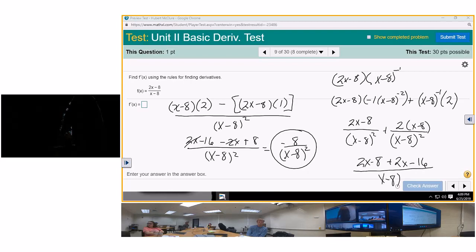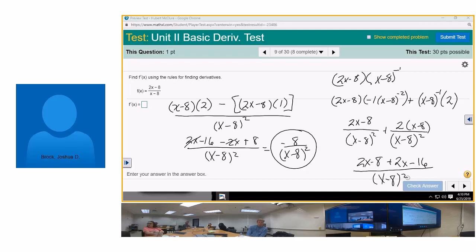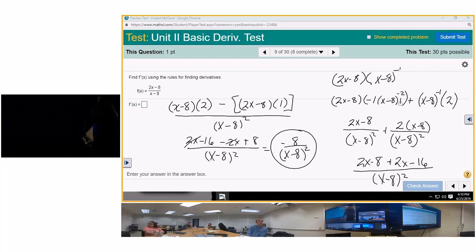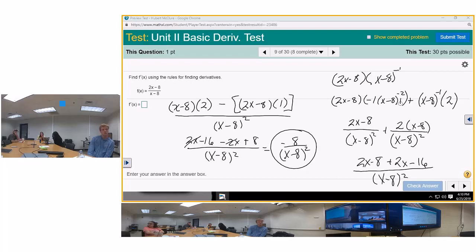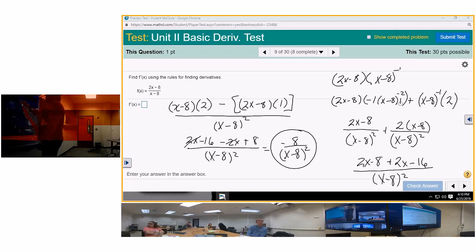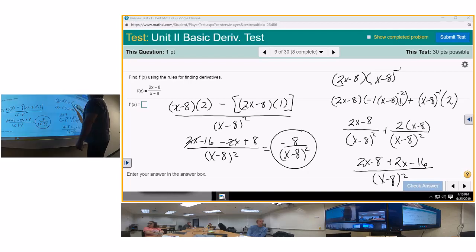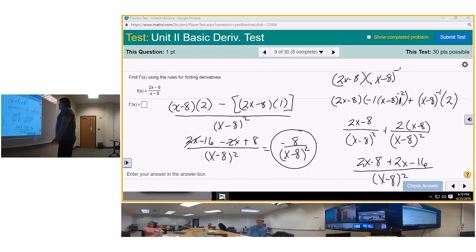Someone said that you're supposed to take the derivative of the inside, which would be 1. Yeah, 1. That's different. Negative 1, x minus 8 to the negative 2. And what's the derivative of x minus 8? 1. There's supposed to be a negative somewhere. There it is. No? This is supposed to cancel, so.